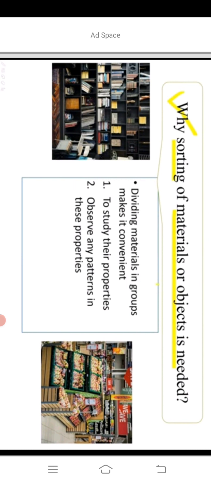Such an arrangement helps us to locate them easily. Similarly, a grocer usually keeps all types of biscuits in one corner of his shop, all soaps at another, while grains and pulses are stored at some other place.